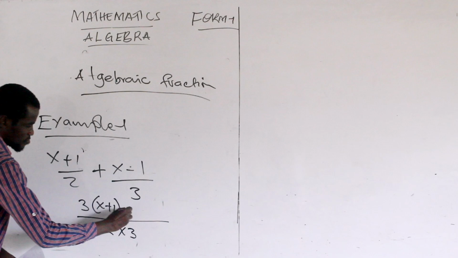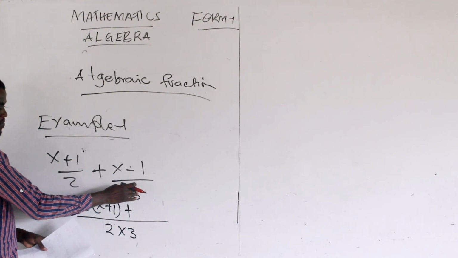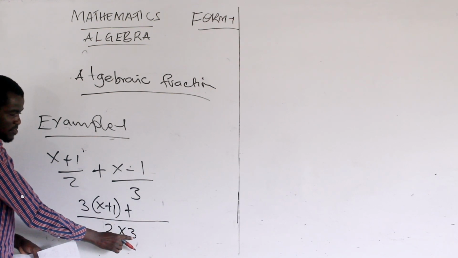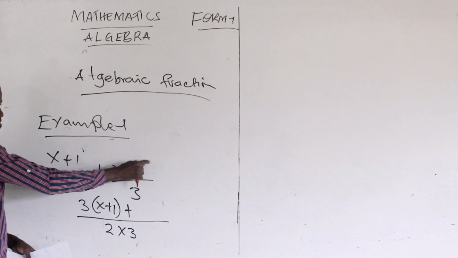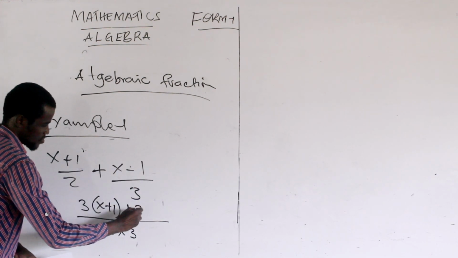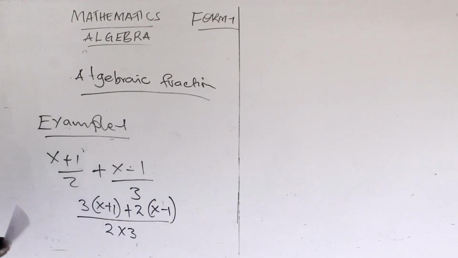Then we have addition there, you put a plus. Then you go to the next fraction, it is 3. So 3 will cancel with 3, one time. You will be left with 2. This 2 multiplies everything in the numerator. So you'll have 2 into x minus 1, like that.